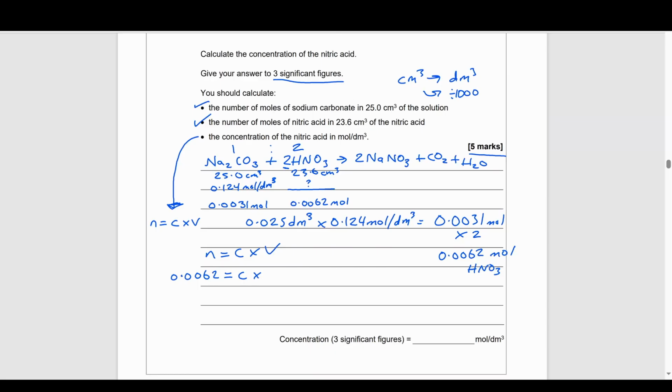However, just like before, we need to convert to decimeter cubed because the answer that we need is in moles per decimeter cubed. So 23.6 divided by 1,000 is going to be 0.0236 decimeter cubed. So that will be our volume value.